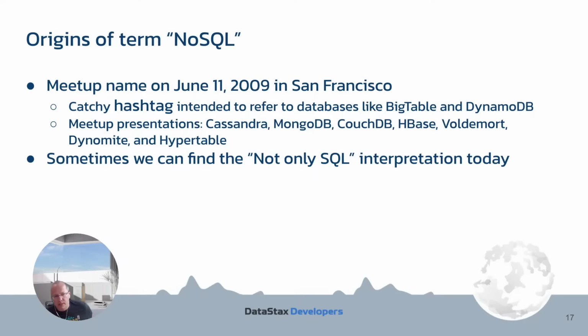Nowadays, one interpretation you can find is that NoSQL stands for not only SQL, because many NoSQL databases now support SQL. Not only SQL may also mean that they support SQL and some other query languages. They frequently support some kind of graph language, or possibly even some API to deal with JSON documents and so on.